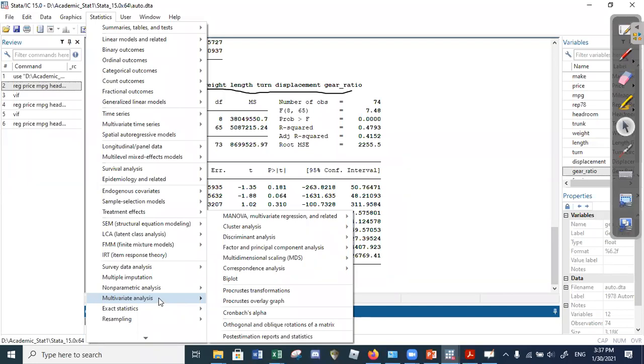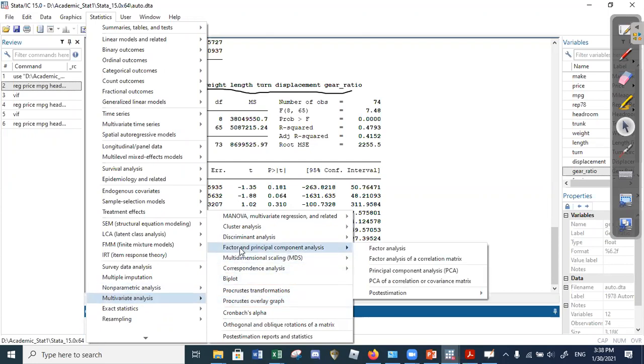As you can see, under statistics, when you come down to multivariate analysis, you have a set of different statistical tools with different names, which come under the name of multivariate analysis. Multivariate means many-variable analysis. And out of this, you have this particular portion for factor and principal component analysis.